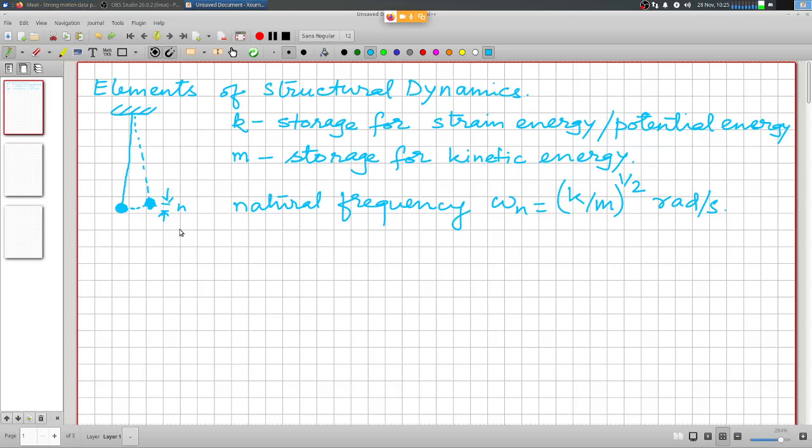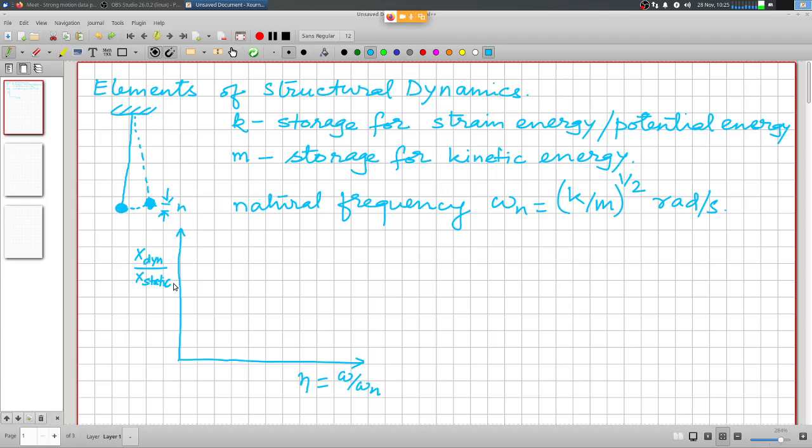So if I try to present the picture, this is called the tuning ratio, excitation frequency versus natural frequency, and this is what we call the dynamic magnification factor: the dynamic response divided by the static response.